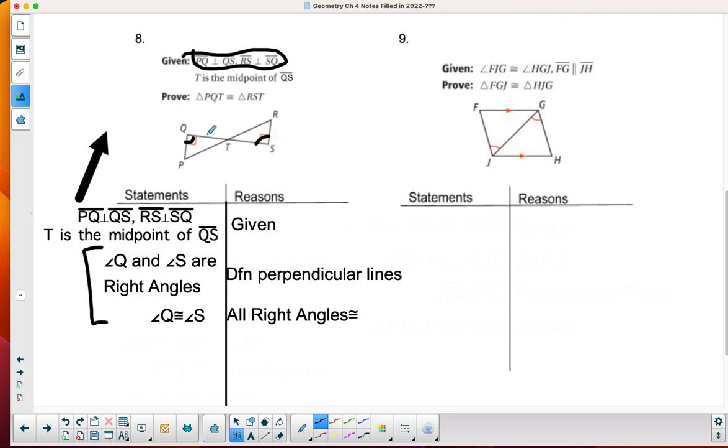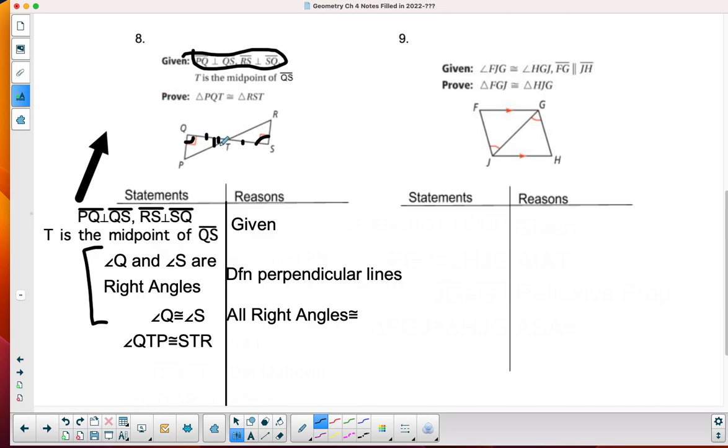I know QT, that's the next thing they gave us, and TS have to be congruent because T is the midpoint, by definition of midpoint. Oh, I also flip-flopped this idea, because QTP and STP are vertical angles, and those are other angles in this.